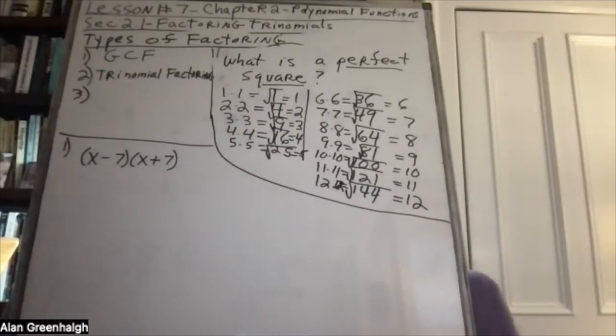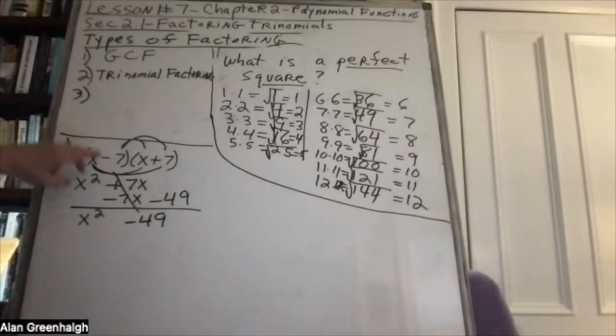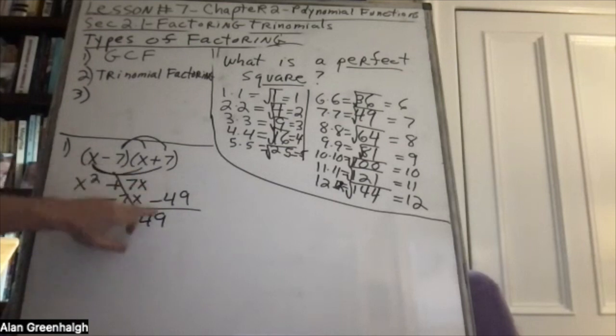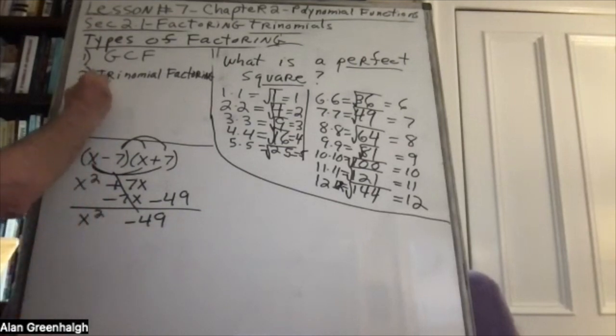Do you get a trinomial when you multiply these two binomials? Very interesting, huh? The middle term drops out. If that's a perfect square, and indeed x squared is a perfect square, and that's a minus sign, this is called a difference of two perfect squares.